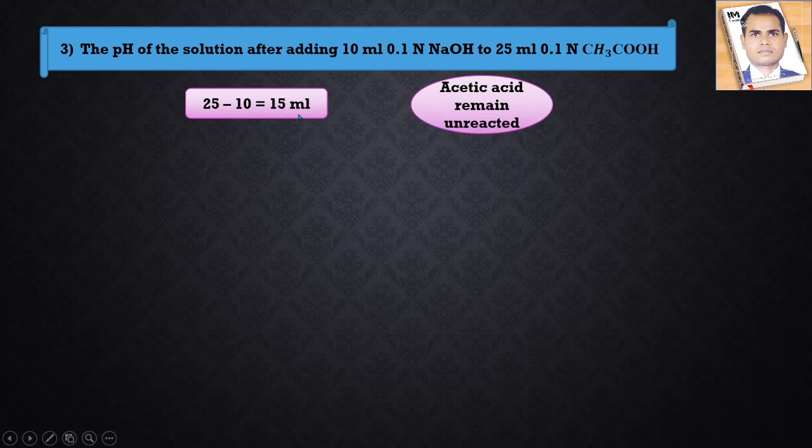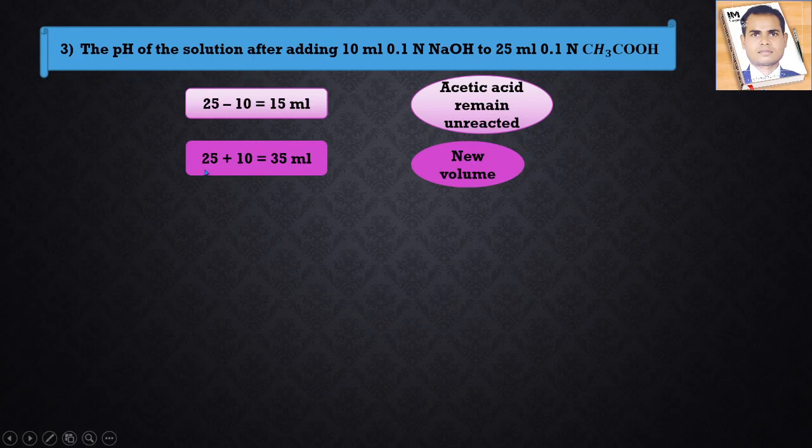That is the volume of unreacted acetic acid, right? And the total volume is 25 plus 10: 10 for the base and 25 for the acetic acid. So the total volume is 35, and we call this the new volume.